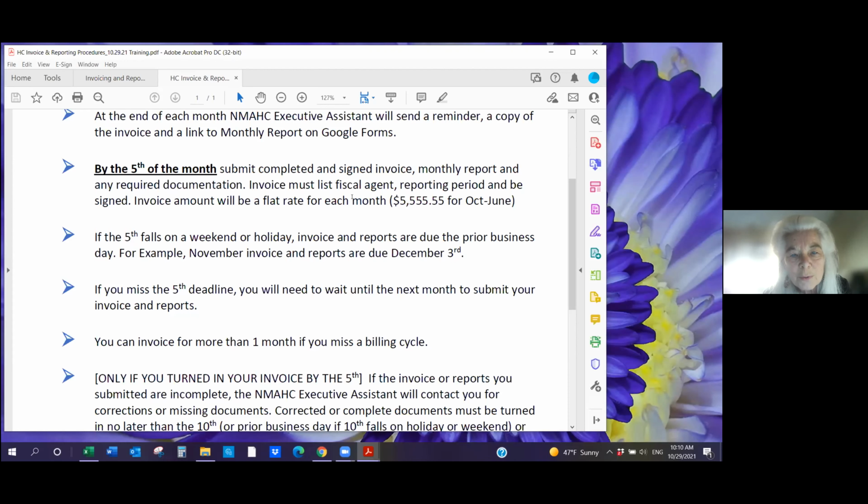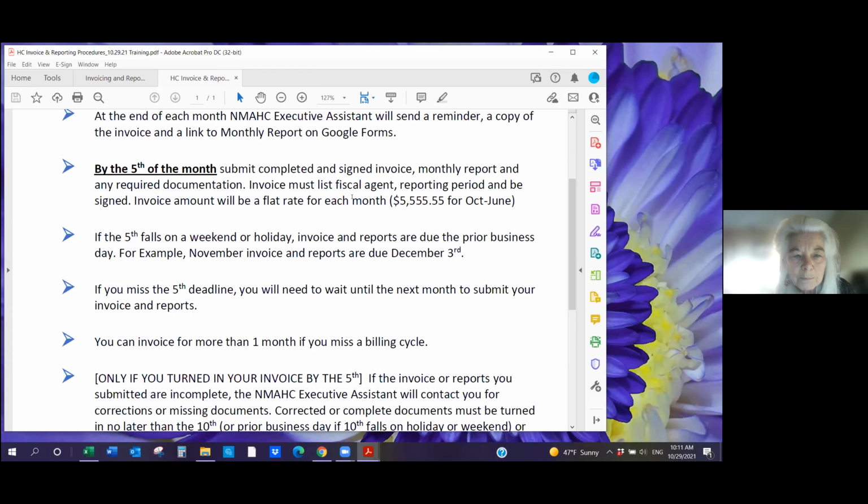So what we go through today is for the first 9 months of your contract. And that monthly, it's a standard monthly rate of $5,555.55 every month. So you don't have to worry about changing the invoice amount.